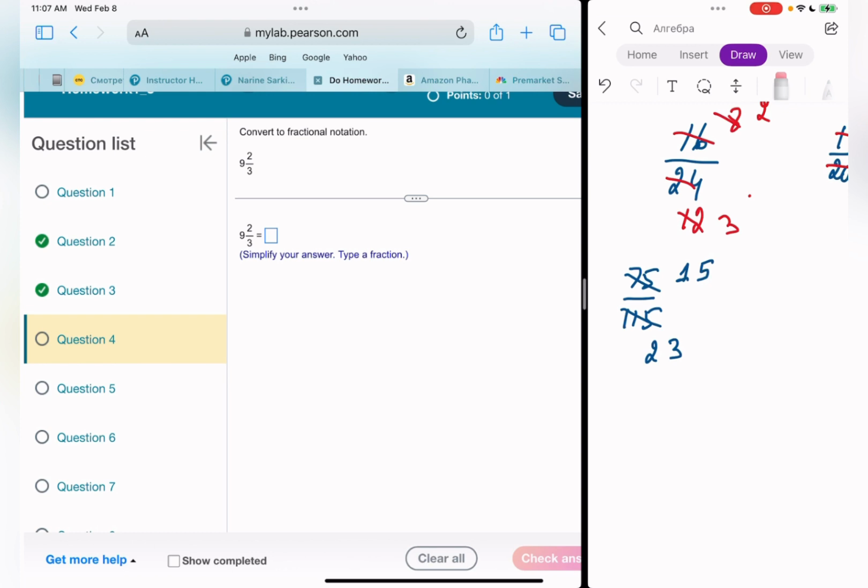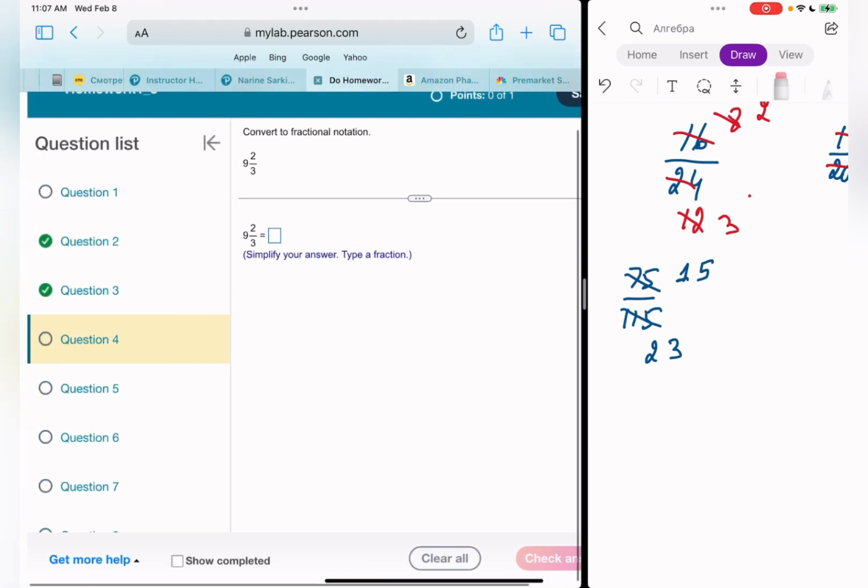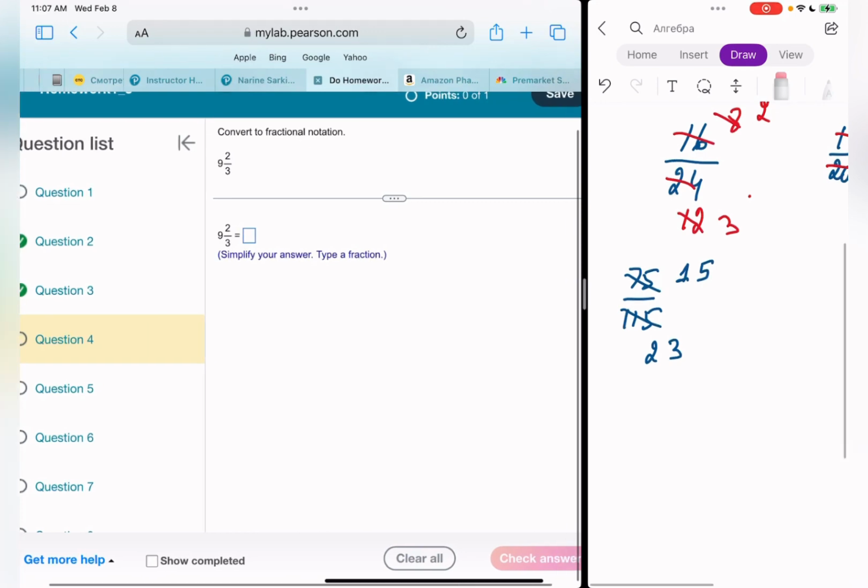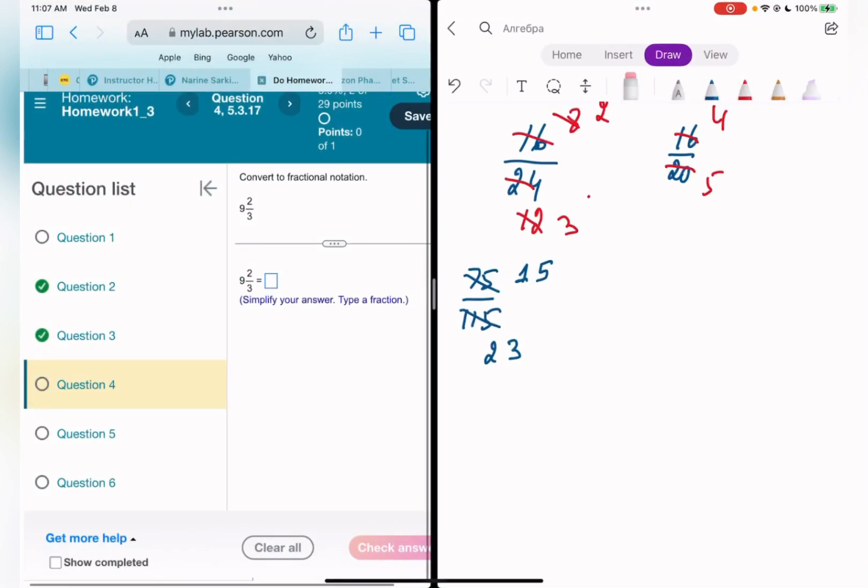that was correct. So we need to convert the fractional notation, meaning we need to convert into an improper fraction. Let's do it. So 9 and 2/3. How am I going to convert into an improper fraction?